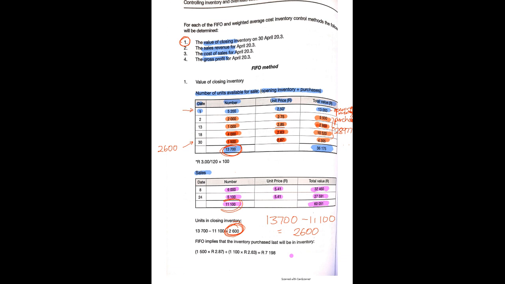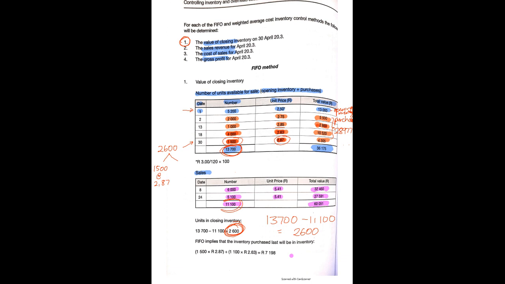So to make up the 2,600 units, we start at the bottom on the last day that they gave to you. So this was 1,500 units at 2 Rand 87. So we'll say that to make up the 2,600, it's 1,500 units at 2 Rand 87. But we still need to make up 1,100 more.